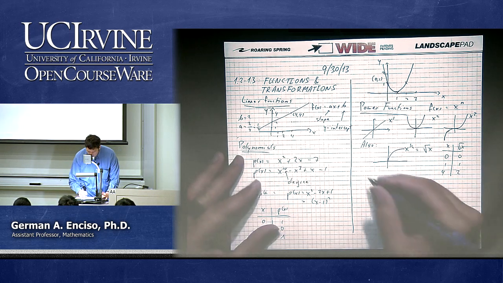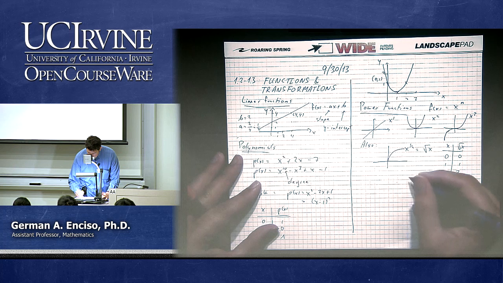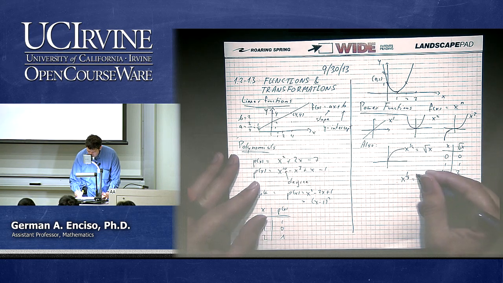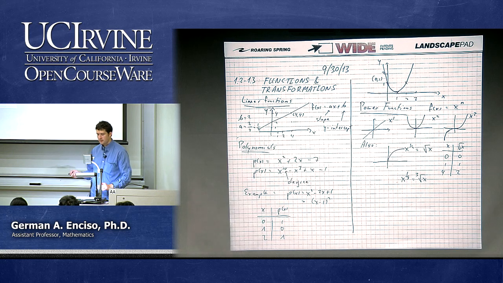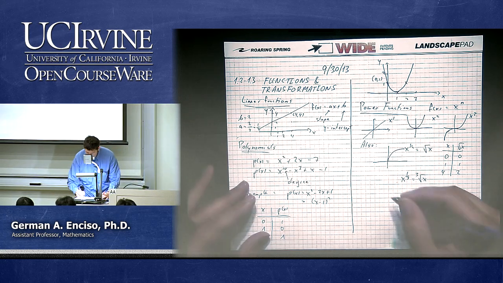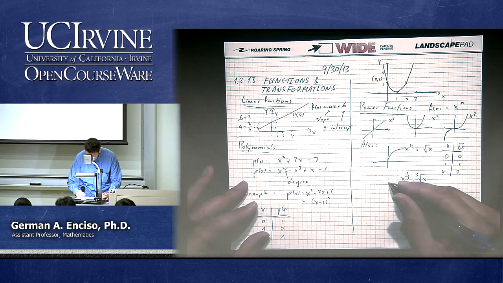Exactly. What about x to the 1/3, which is also known as the cubic root of x? How does that look like? Well, it's a lot like the parabola.